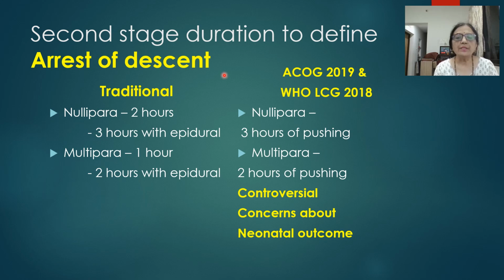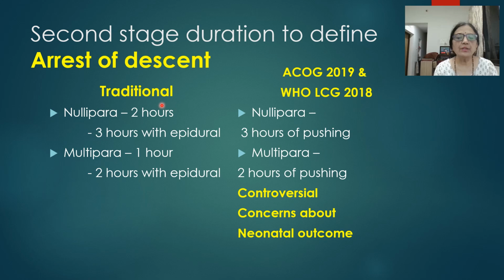Now coming to the second stage dystocia, it is usually the maximum change which happens in second stage of labor is descent. And whenever it fails to take place, then we say that dystocia in second stage, arrest of descent, is there. Now for that also there are two schools of thought.